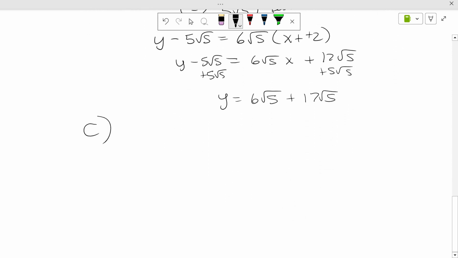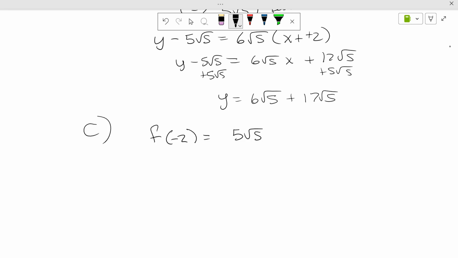Okay, C. Let the function be that. Is it continuous there? So, we know that f of negative 2 equals 5 square root of 5.